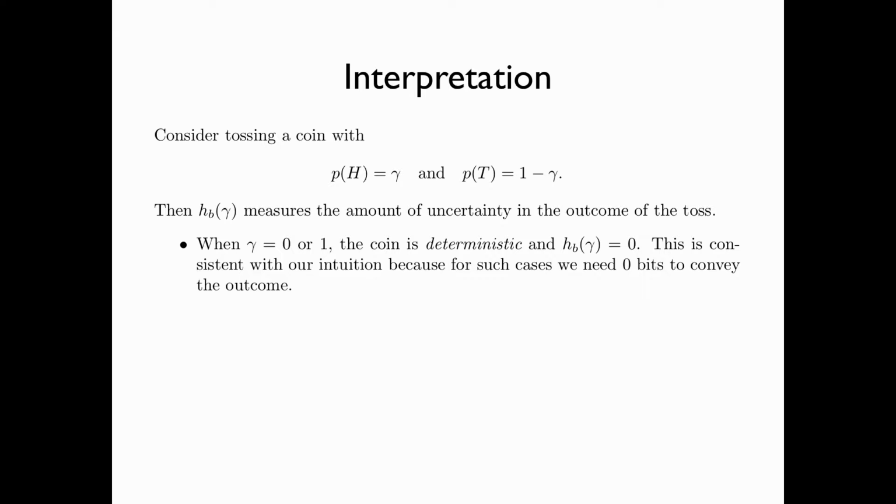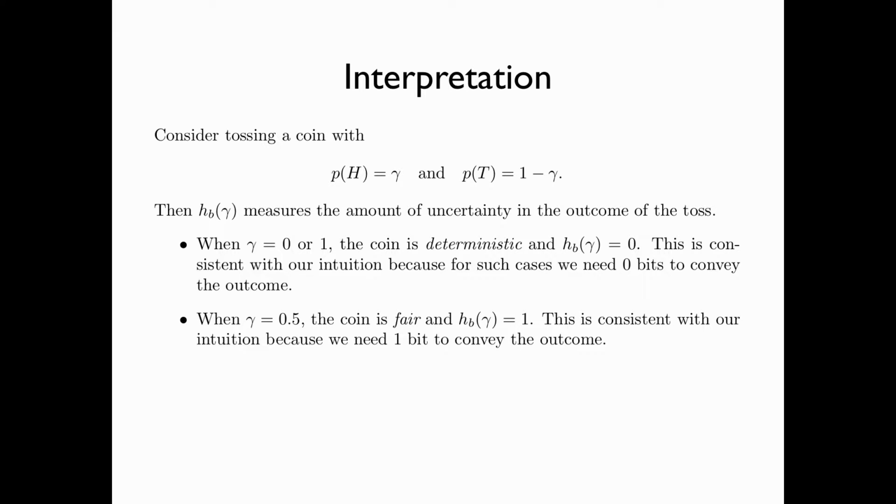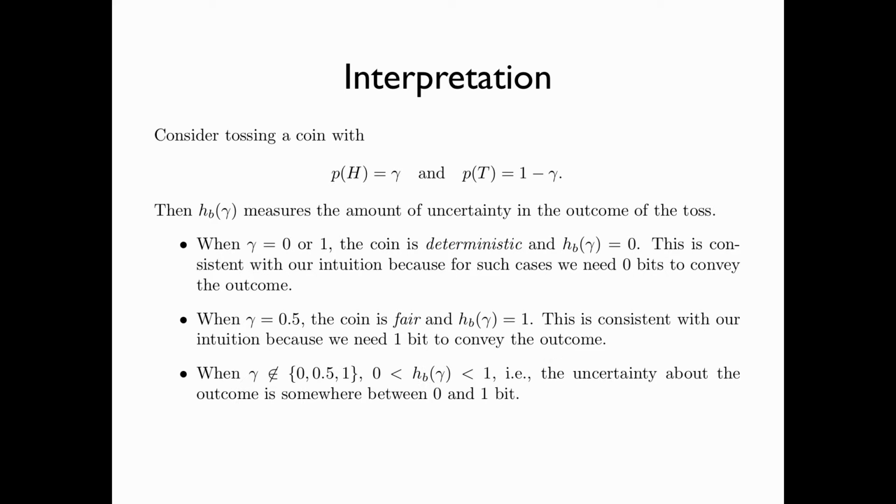This is consistent with our intuition because for such cases, we need 0 bits to convey the outcome. When gamma is equal to 0.5, the coin is fair and h_b(gamma) is equal to 1. This is consistent with our intuition because we need 1 bit to convey the outcome.